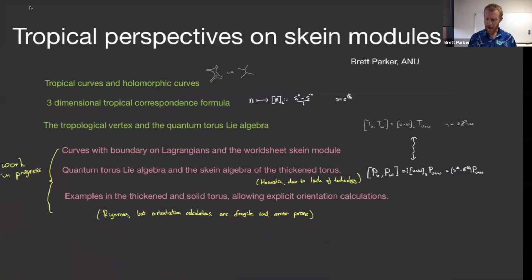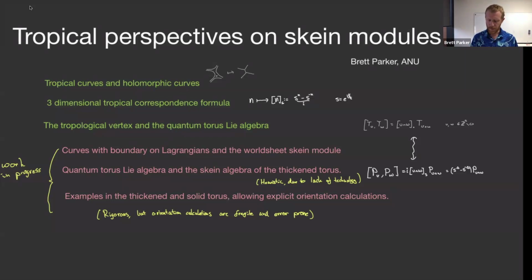Okay, and the connection is going to be by counting curves with boundary on a Lagrangian, a three-dimensional Lagrangian, where holomorphic curve counts should be valued in the Skein module on that three-dimensional Lagrangian.